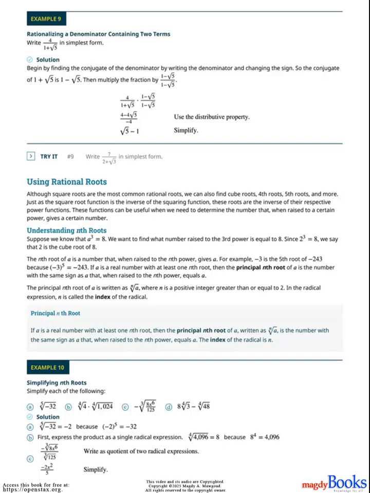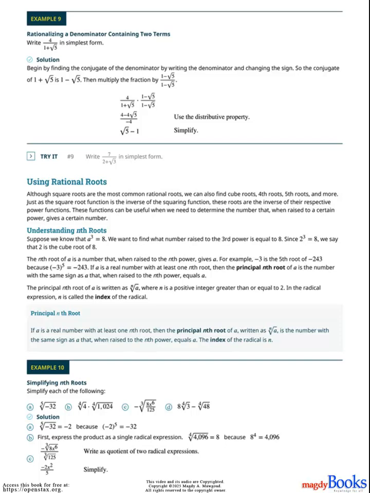Solution. Begin by finding the conjugate of the denominator by writing the denominator and changing the sign. So the conjugate of 1 plus square root of 5 is 1 minus square root of 5. Then multiply the fraction by 1 minus square root of 5 over 1 minus square root of 5. 4 over 1 plus square root of 5 times 1 minus square root of 5 over 1 minus square root of 5 equals 4 minus 4 square root of 5 over negative 4.